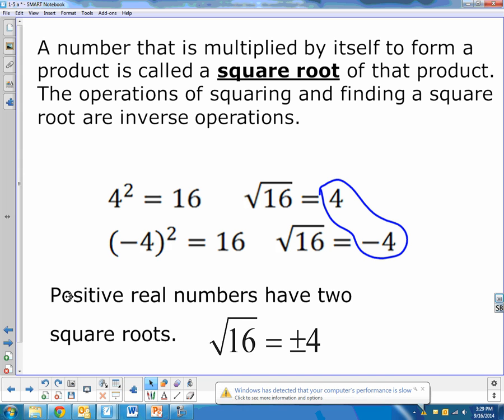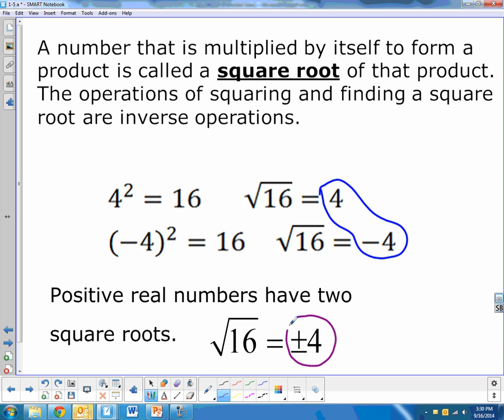It looks like it's already kind of there for you. Positive real numbers have two square roots. The square root of 16 is plus 4 or minus 4. And this new symbol here is our mathematical shortcut. Mathematicians are lazy. So rather than putting 4 and negative 4, we write this symbol here, plus or minus.